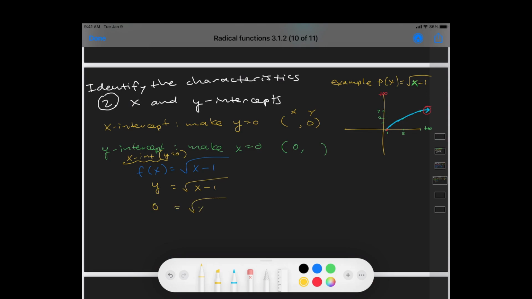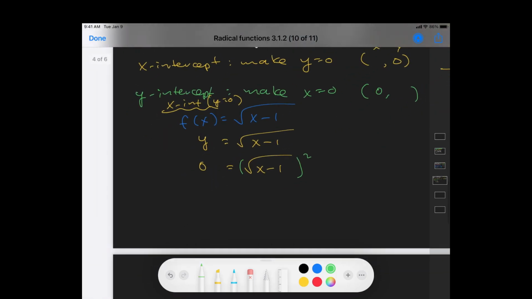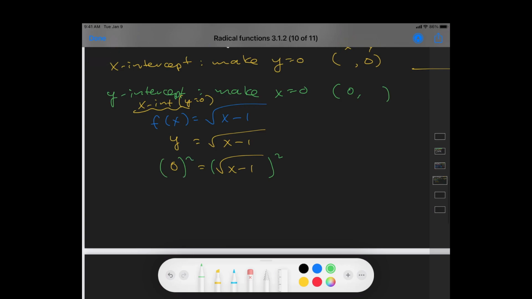And now we're just going to solve for x. I'm going to take the square root of both sides, and I'm going to get 0 equals x minus 1. And then we're just going to add 1 to both sides, and you're going to get x equals 1. So basically, what we found here is when y is 0, x is equal to 1. So that's for our example right here.